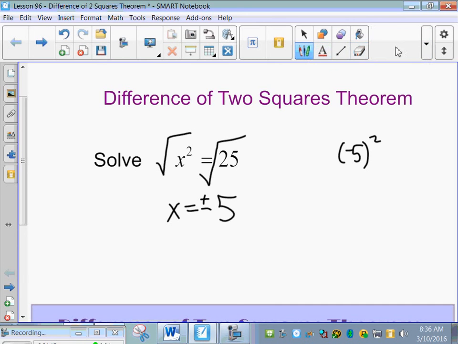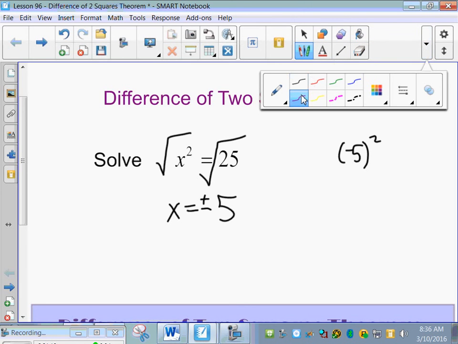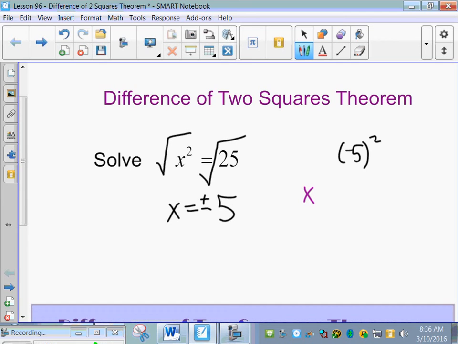So let's try it. So I've got x squared equals 25. So we're going to solve it as if it's a quadratic, which it is. We're going to set it equal to 0 first. So we're going to subtract 25 from both sides. So we get x squared minus 25 equals 0.